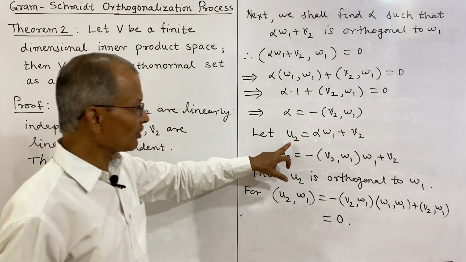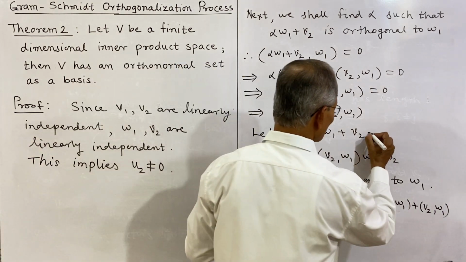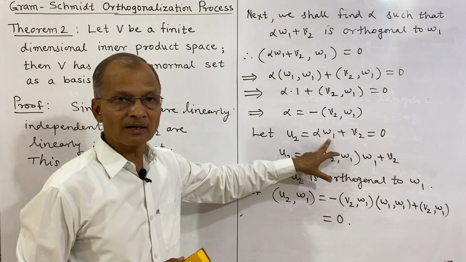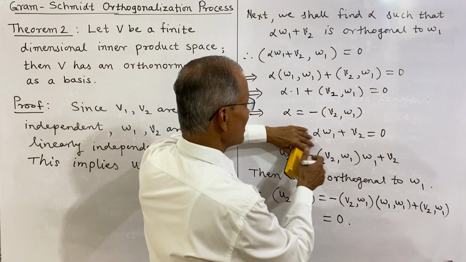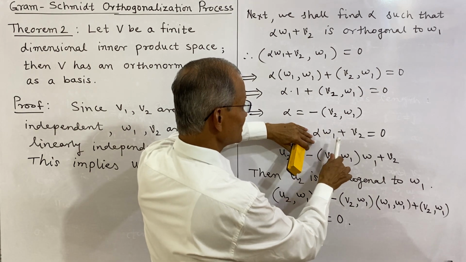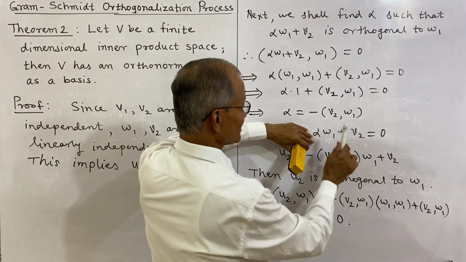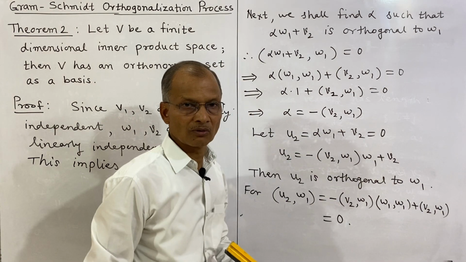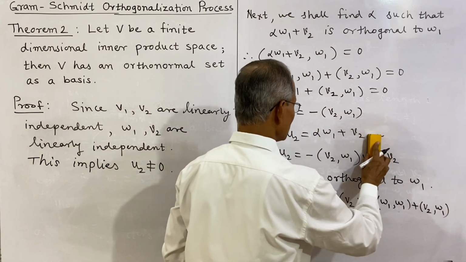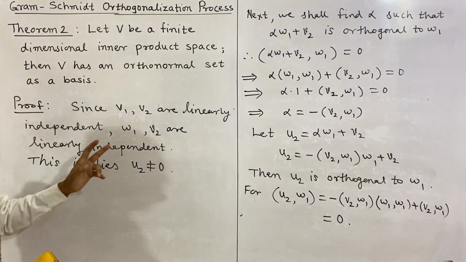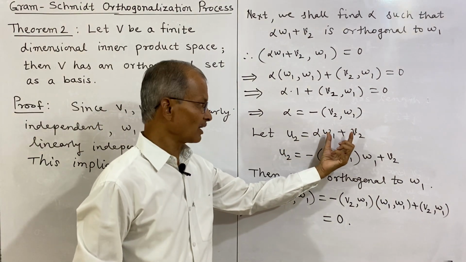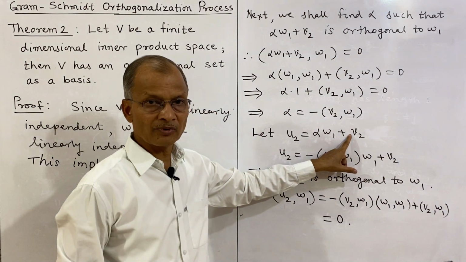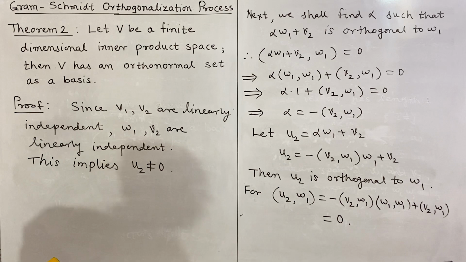If U2 were 0, then since W1 and V2 are linearly independent, by definition of linear independence, their scalar multiples must each be 0. That is, alpha is 0 and 1 is 0, but 1 cannot be 0, and therefore U2 must not be 0. The multiple of V2 is 1, so 1 cannot be 0. Therefore U2 is not equal to 0.